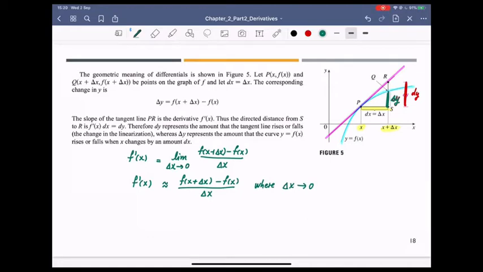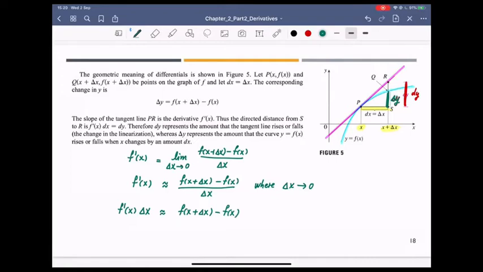It means when delta x is very small, those two quantities are almost equal to each other, and then I can simplify this to f prime x times delta x is approximated by that, right?